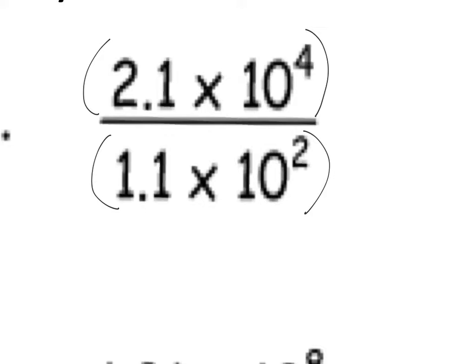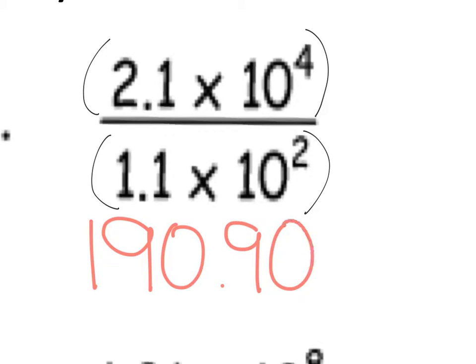I got 190.990. Right, you're right. So we got a number that looks like 190.9090 repeating, right? But we're going to leave it like this.